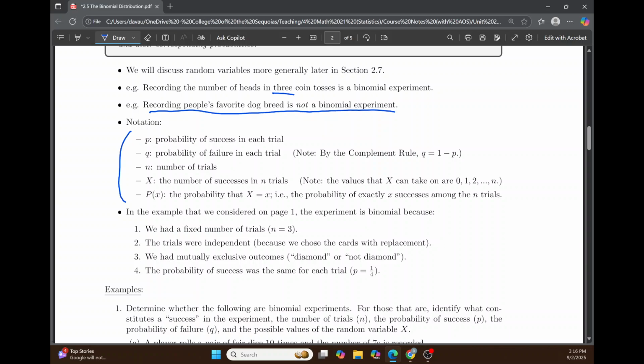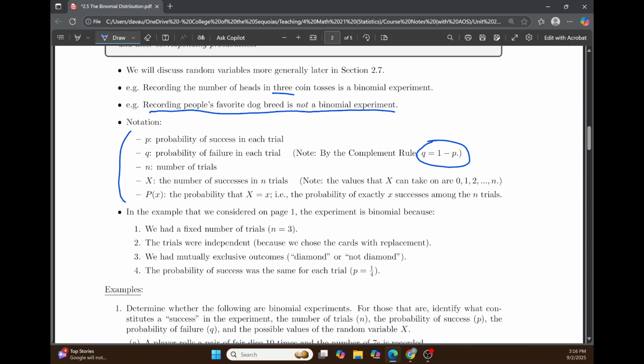A lot of times students will be confused. For some reason they can remember what P represents, but they can't remember what Q represents. So do what you need to understand that Q is the probability of failure. By the complement rule, Q is 1 minus P. Every single time. This is how we're going to calculate what Q is. It's 1 minus P.